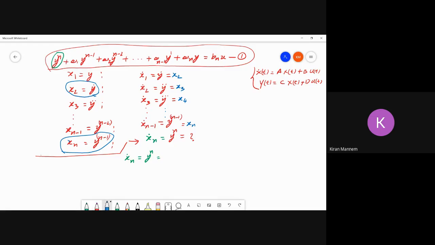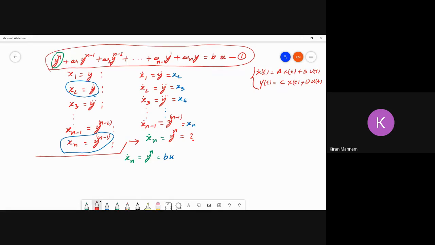Take all the terms to that side, it will be minus, I can say, b u. Let it be b, right?